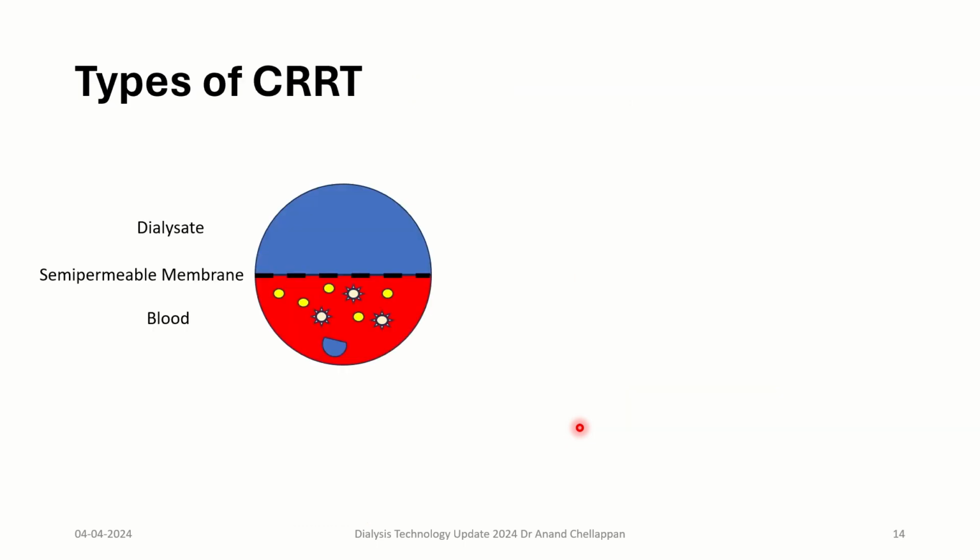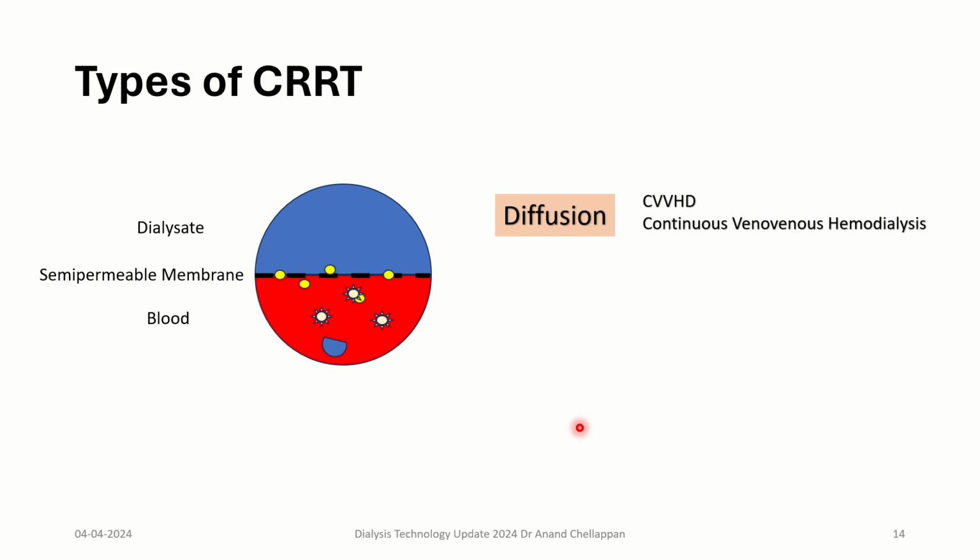Now, what are the different types of CRRT? We saw the terms CVVHD, CVVHF, CVVHDF. So let us try to understand the mechanisms of dialysis operating in each of these modalities and the corresponding terms. Diffusion is the movement of solute across a semi-permeable membrane from a region of higher concentration to a region of lower concentration.